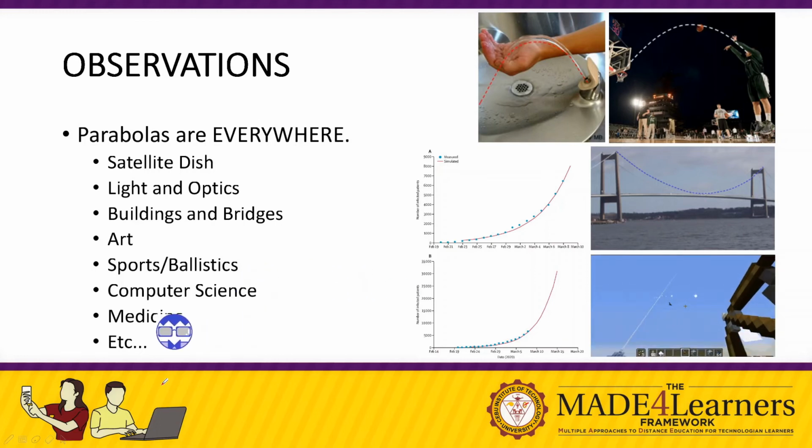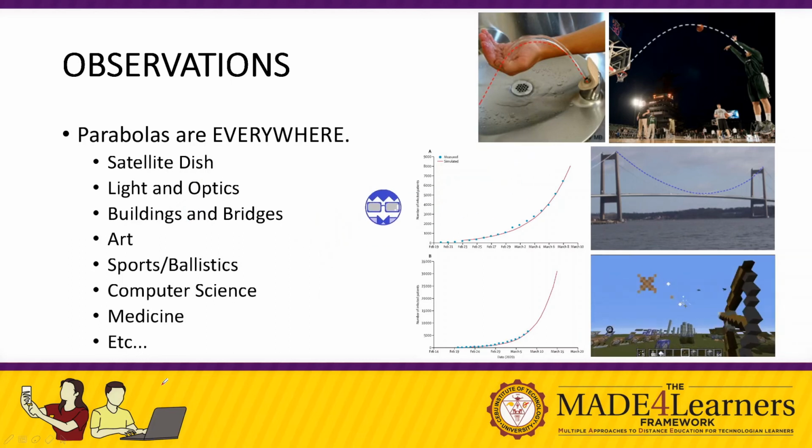Then in medicine, which is very relevant today. As of July or August, it's very relevant because we're dealing with a pandemic, and the data or statistics used by statisticians make use of the concepts of parabolas also, although this is a logistic curve.